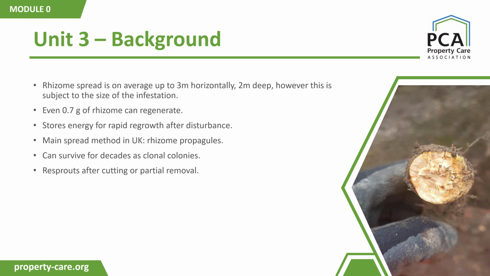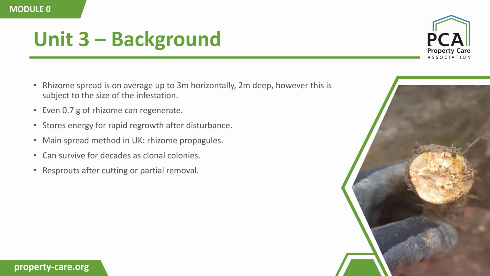Shoots emerge from nodes along the rhizomes, and even the smallest fragment, as little as 0.7 grams or a fingernail, can grow into a new plant if conditions are right. These rhizomes act as an energy store, allowing the plant to regrow rapidly after cutting or other disturbance.